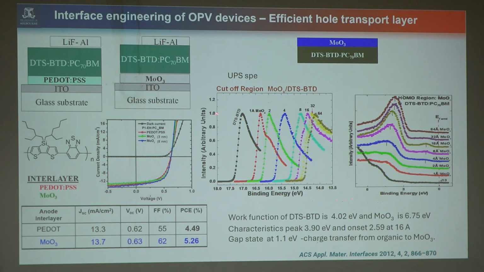As I said, if you see the UPS cutoff region, in this case, according to thickness: 1 angstrom, 2 angstrom, 4 angstrom, 8. If you have about 16 angstrom, it's around 1.6. From 1 angstrom to 15, it will have a huge difference. When you increase the thickness to around 32, or 6 nanometer, 6.2, the secondary cutoff increase is almost saturated.